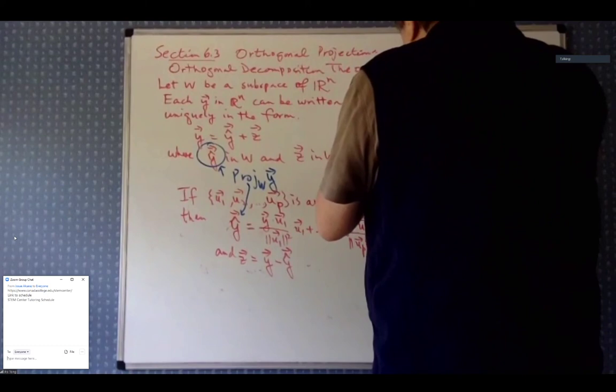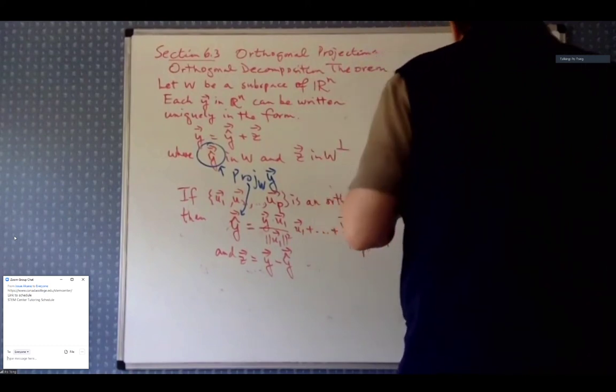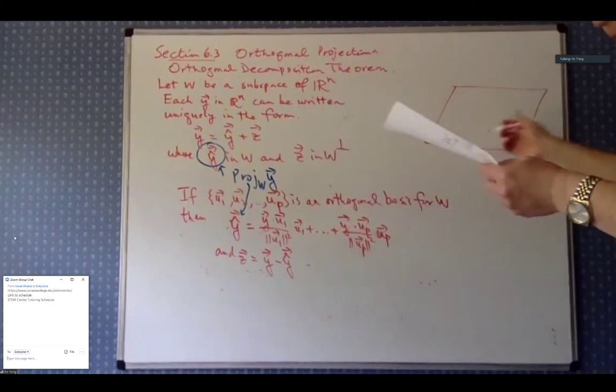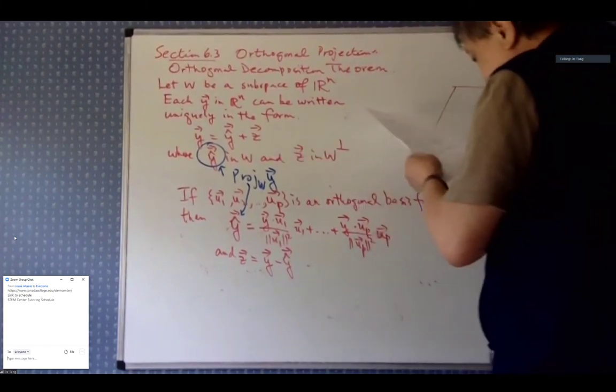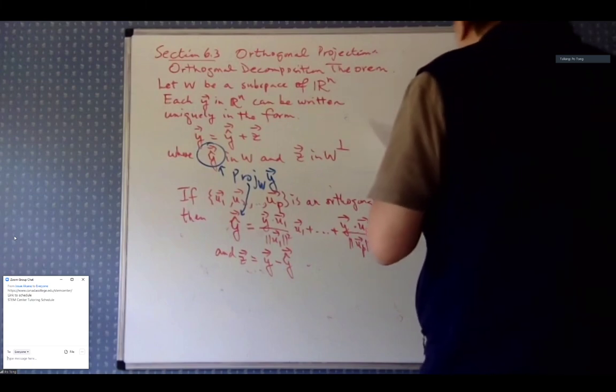So you have this guy. It doesn't have to be two-dimensional, but there's no other way to draw it. So this is my W, and then you have your Y here.